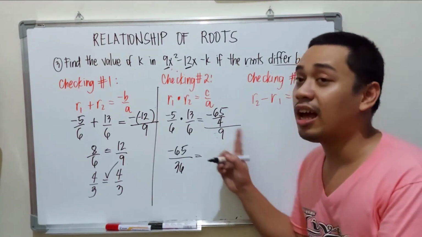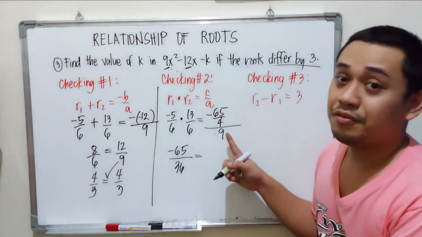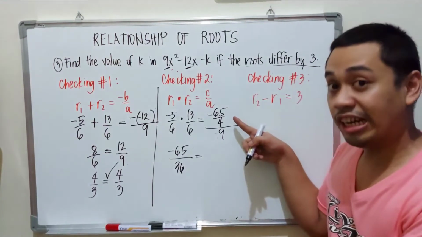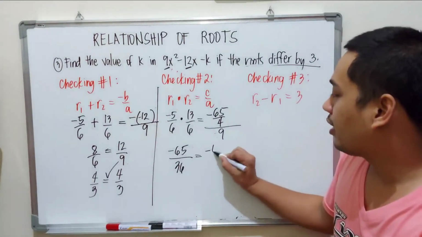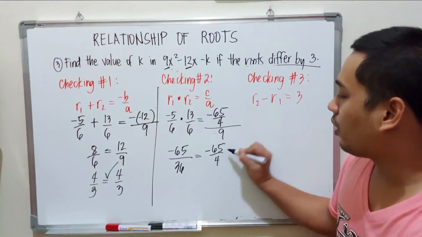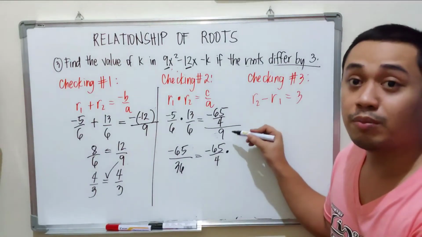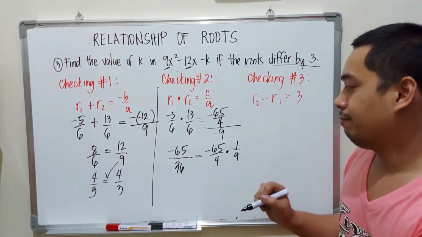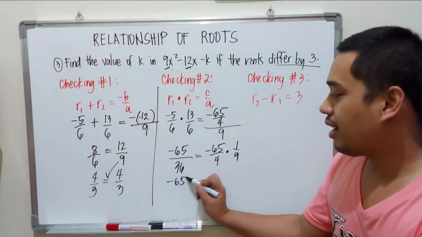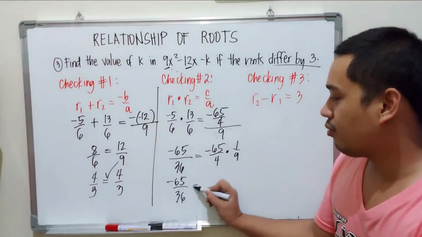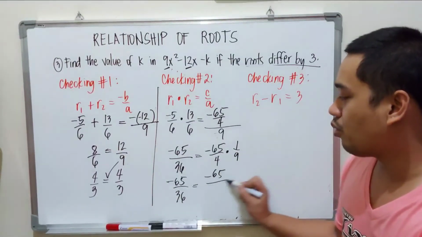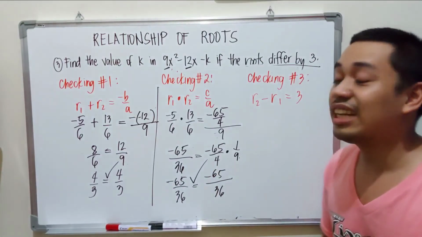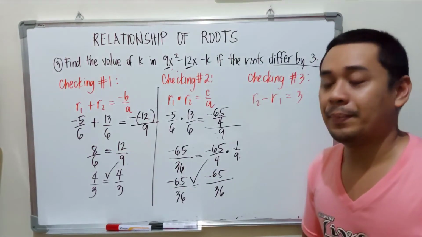Kailangan natin kunin ang multiplicative inverse ng denominator para ma-multiply siya sa fractional numerator natin. So we have negative 65 over 4 times the inverse or the multiplicative inverse of 9 is 1 over 9. Now, negative 65 over 36 is equal to negative 65 over 4 times 9, 36 din. So, na-check natin siya na tama.